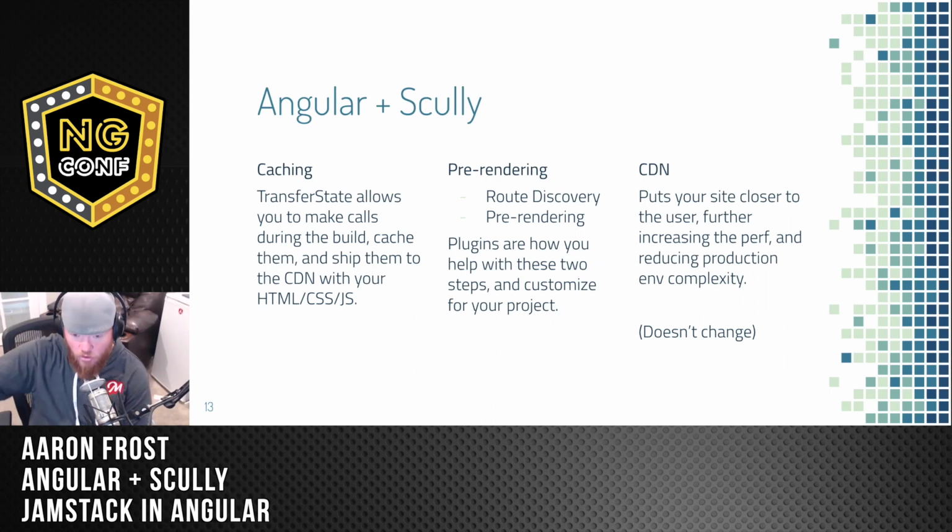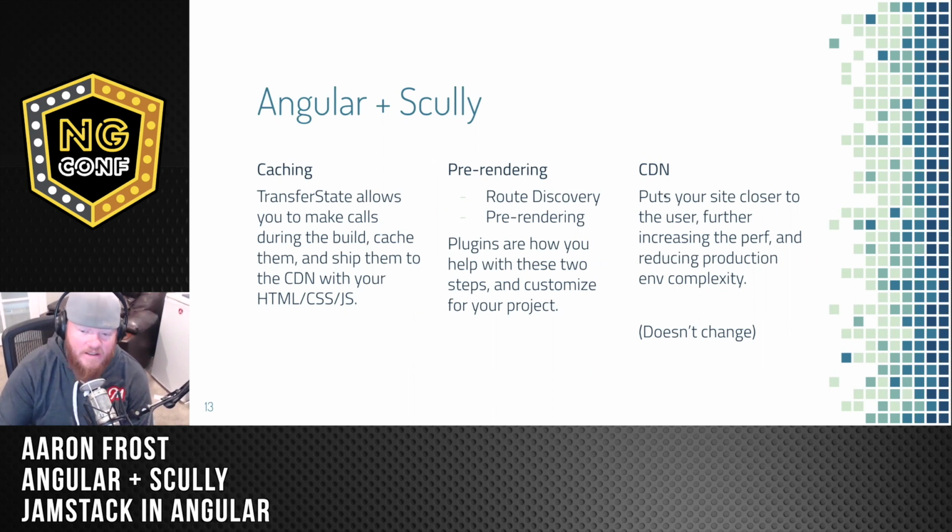We'll do this for every single route in your system. So it's a two-step process: find all the routes, render each route. And we have a series of plugins that allow you to assist, or maybe edit the data after it's been rendered. We can talk more about that later, but this is how Scully helps with the pre-rendering portion.